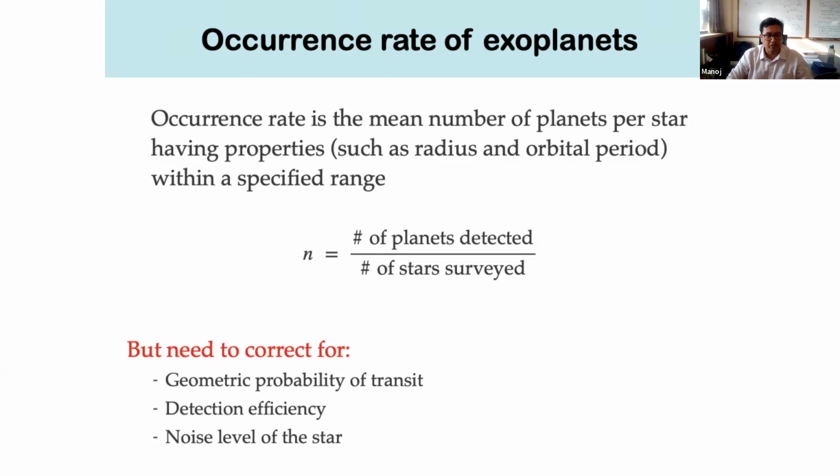But that is not enough. Even if the geometry is favorably aligned, because of your detection sensitivity or omissions, you may not be able to detect those. You have to correct for that. You need to know your detection threshold or efficiency. The third important point is the noise level of the star. This can often cause false detections.